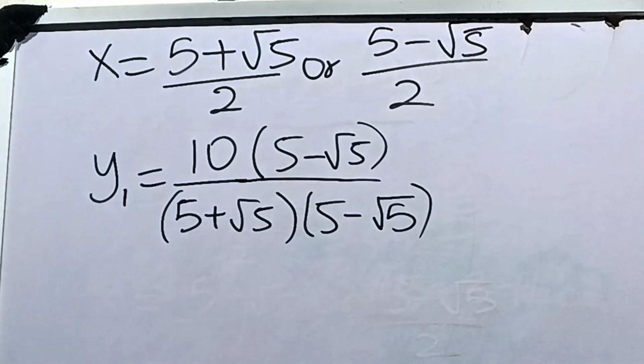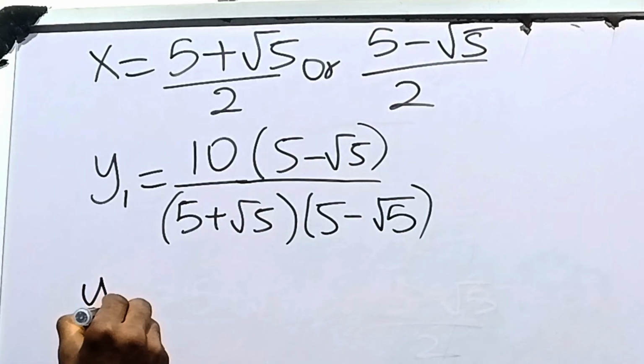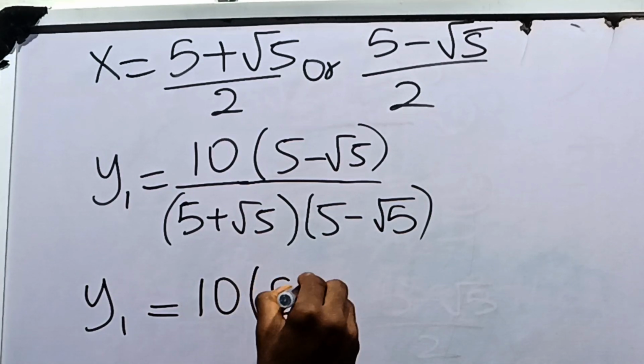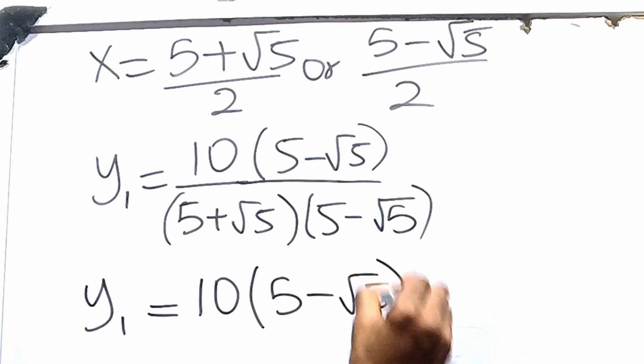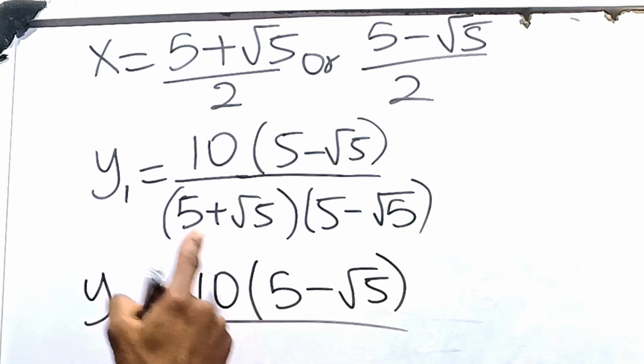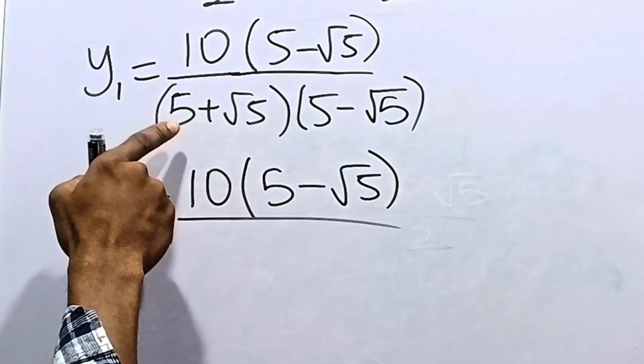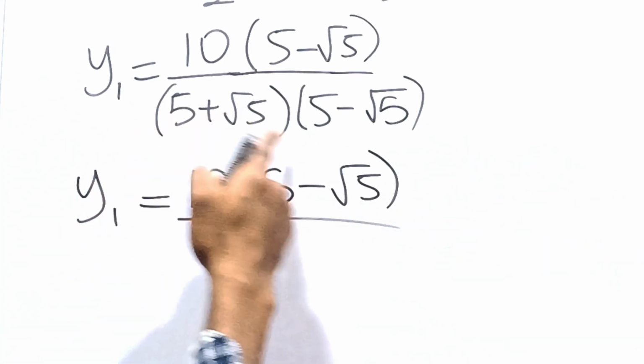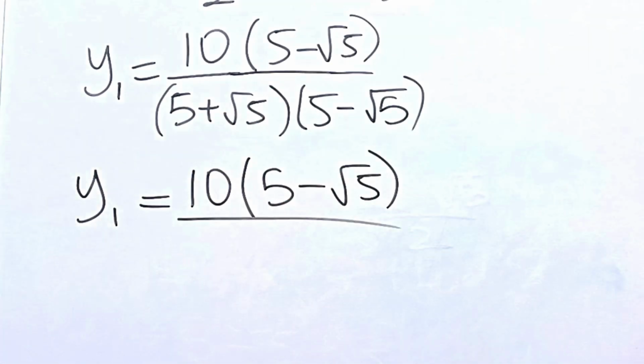So moving on from here, we now have that our y, which is our first answer for y, is equal to 10 multiplied by 5 minus root 5, divided by 5 squared, because this is the difference of 2 squares. Let's call 5 a and root 5 b. So this is a plus b multiplied by a minus b, and this reminds us of the difference of 2 squares.